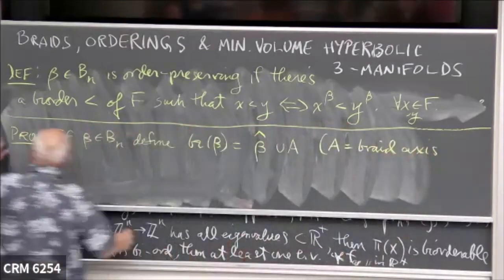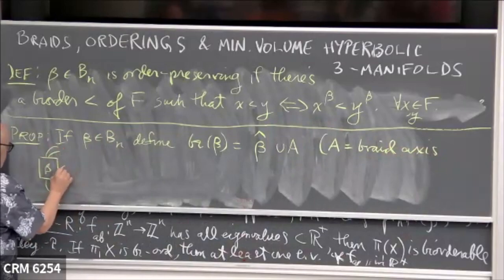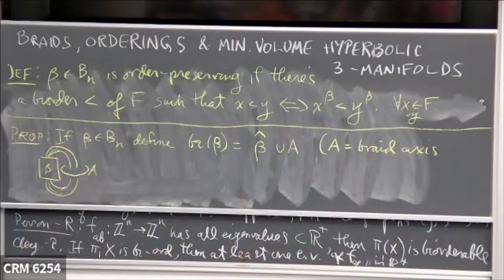So a picture of that would be: here's the braid, and here's the curve. So it's a link with at least 2 components, depending on the braid.